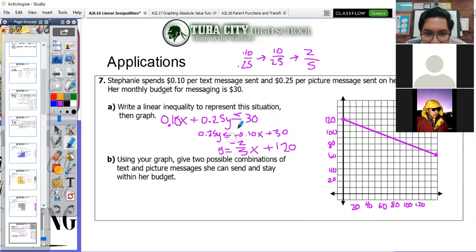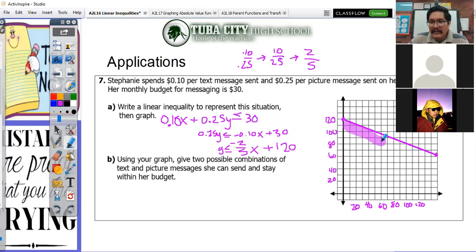So we want to be in this area below the line. That's the area we want to be in. So again, the shaded area is where the solutions are. That's what we call the solution area. I call it the solution area.